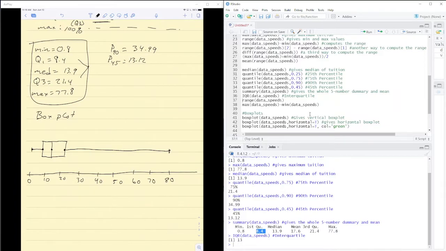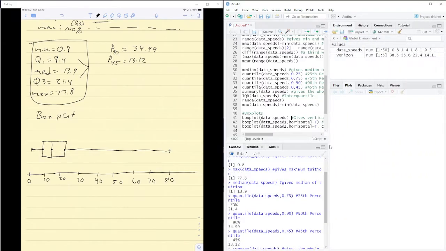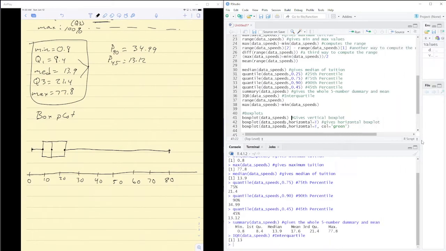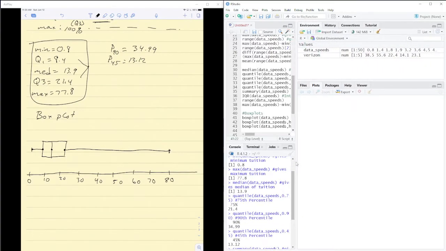Let's see what this plot looks like when we make it in R. So I'm going to use the command boxplot. My windows are kind of cramped up over here, so I'm going to drag them out a bit. Sometimes when you make a plot and there's not enough room to display it, it'll give you a warning or an error message. So I'm going to run this box plot.